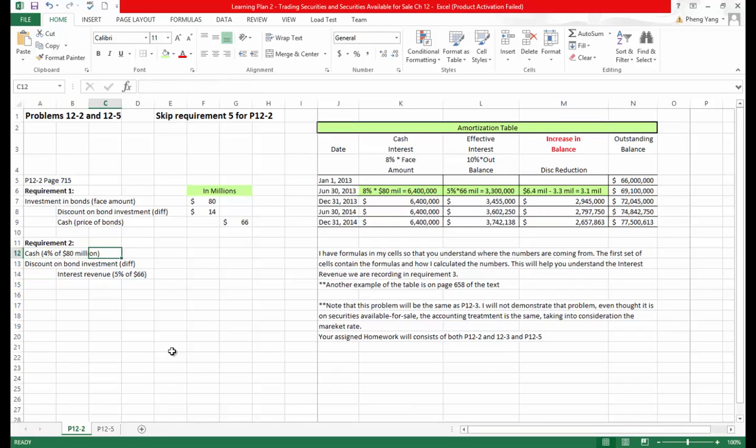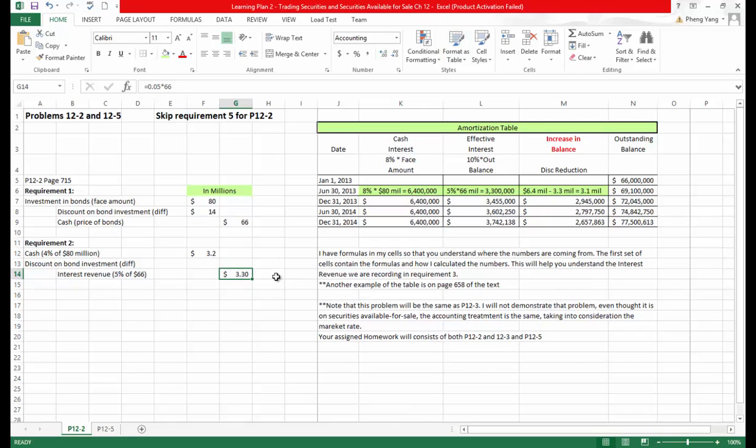Okay, so let me just do that here. Make sure that you have decimals in here because it's going to have a decimal when you're dealing with such large numbers. And then my interest revenue is going to be the 5% of the 66 million.